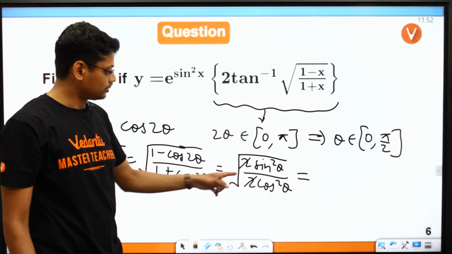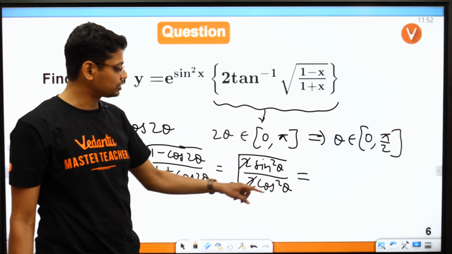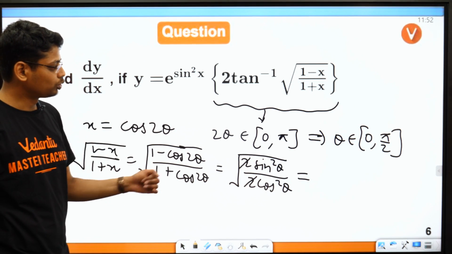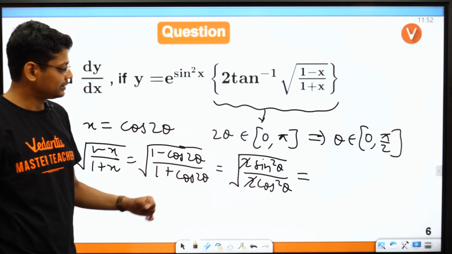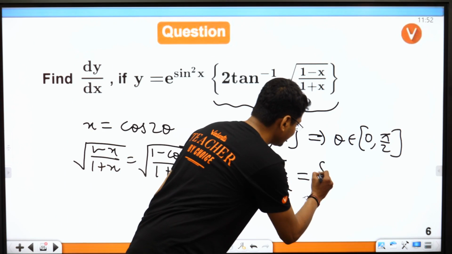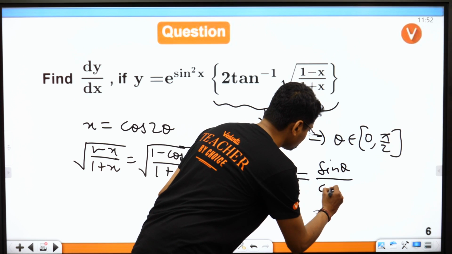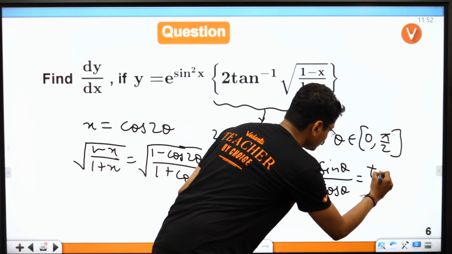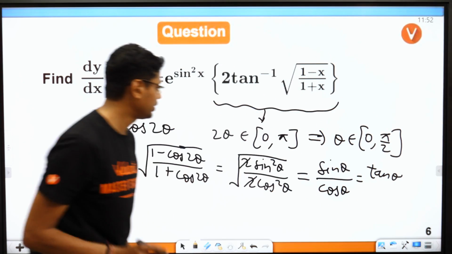Alright, so sin theta and cos theta both would be positive, and I can simply take them out as sin theta by cos theta, which is tan theta.